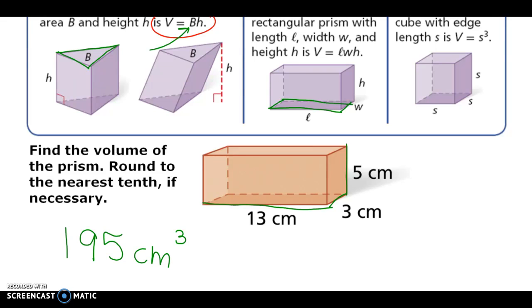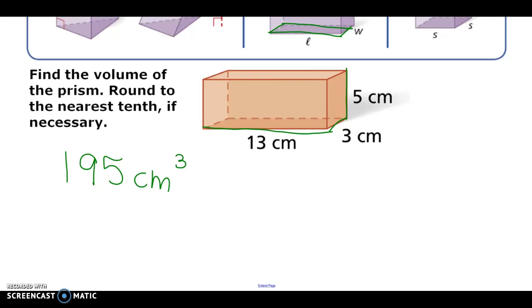Everyone right now, get out your blue sheet. You do not stop. On your blue sheet, what is the volume of a prism? Find it on your blue sheet so you know where it's at. The volume is capital B times h, right? But I thought we just said it was length times width times height. What is capital B?